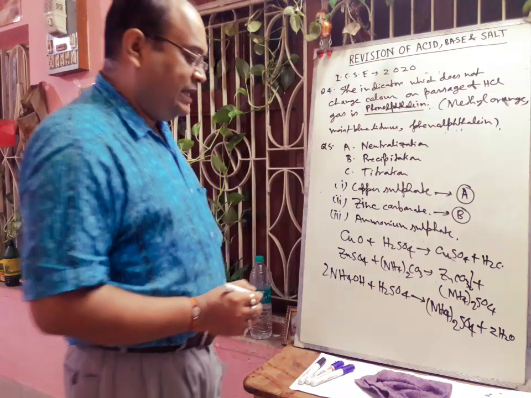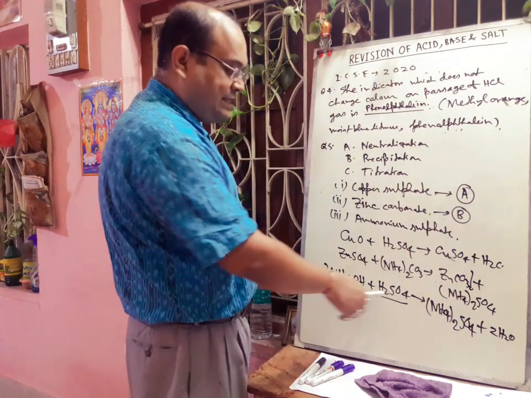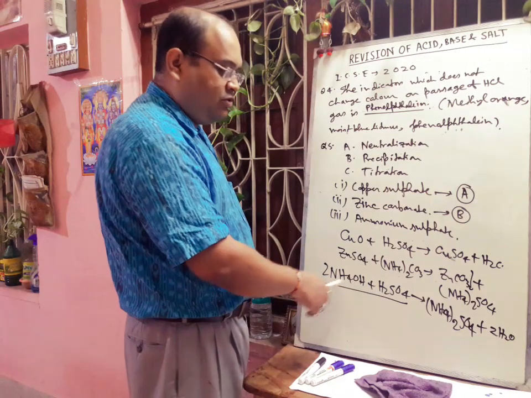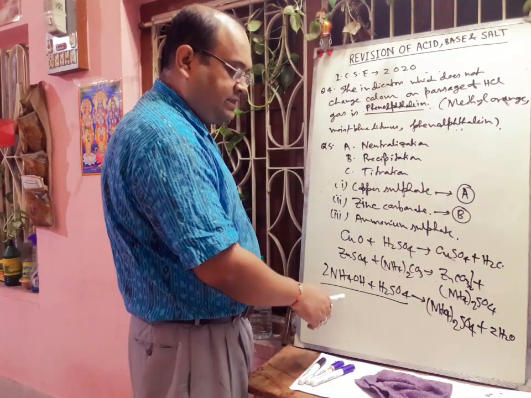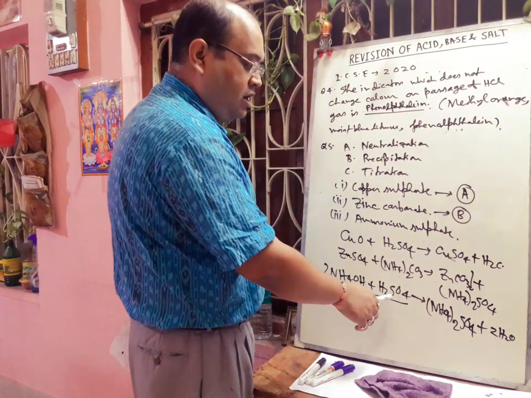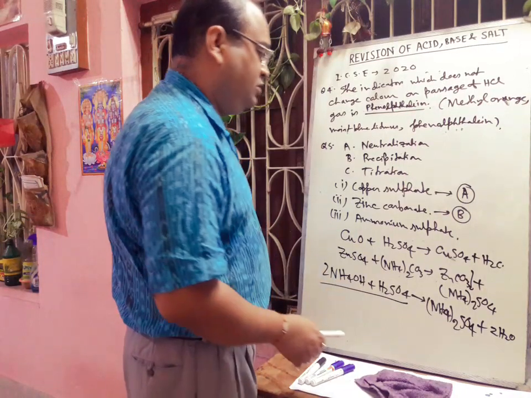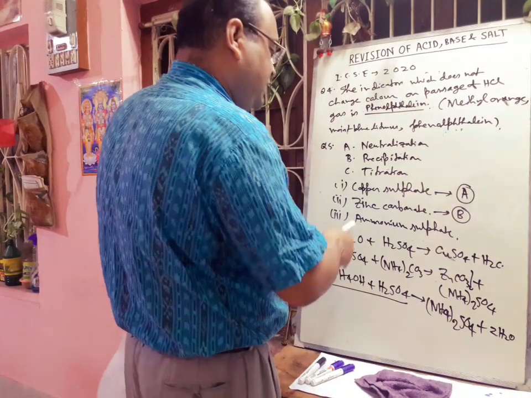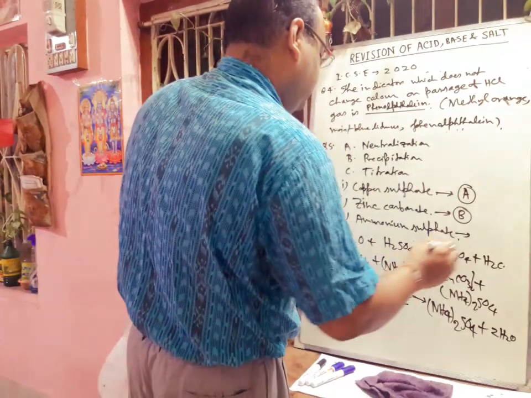So this is a titration method. Why? Because here both the acid as well as the base are water soluble. This one is a water soluble ammonium hydroxide base and this one is a water soluble acid. So this is the titration method. So here the option 3, ammonium sulfate, will be the titration method.